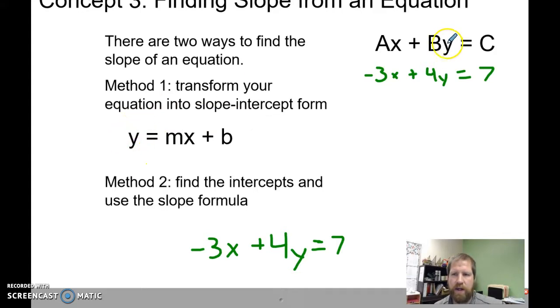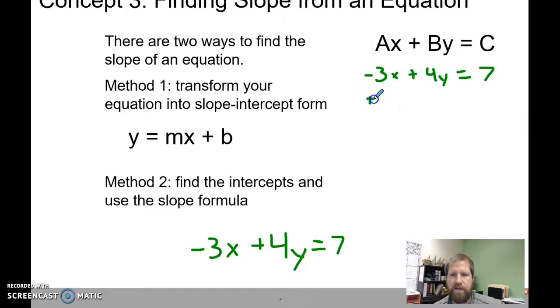This y and this y are the same; that is your y variable. To transform from standard to slope-intercept, move your x, and whatever number you have next to it, to the other side. Take that step first.